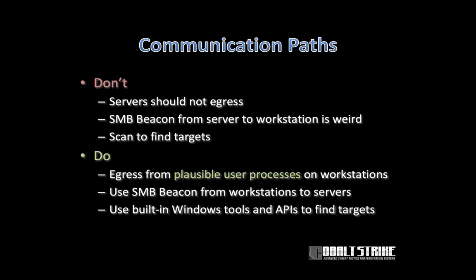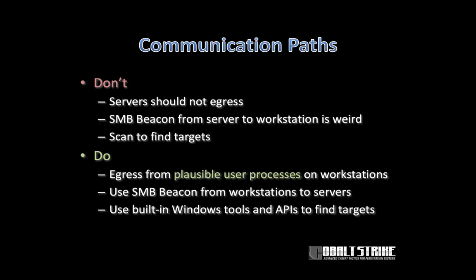The SMB beacon is a fantastic pivoting option because the traffic is encapsulated in the SMB protocol. And going from a workstation to a DC over port 445 isn't that strange. Going from a workstation to a file server over port 445 isn't that strange.